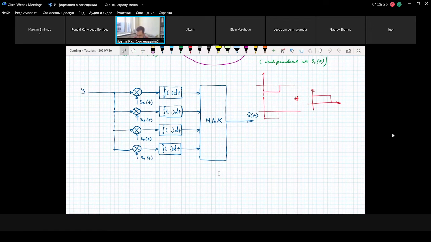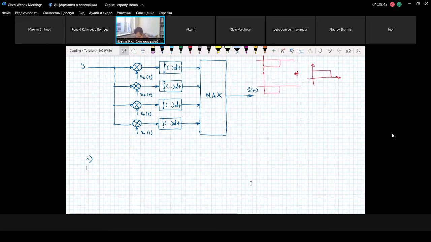Okay, let's go further. We still have two subtasks. And for part I, the detector can be further simplified. Just 2 correlators are sufficient. These correlators produce the projections of y of t into our signal space. Thus, the detector first generates the 2 vector components.